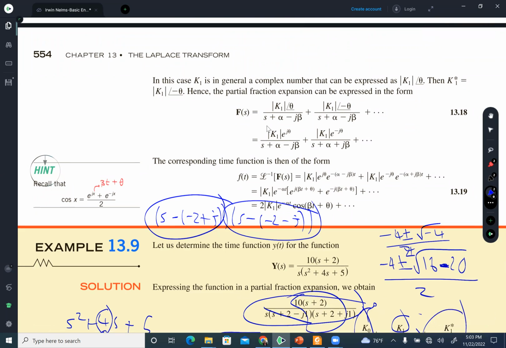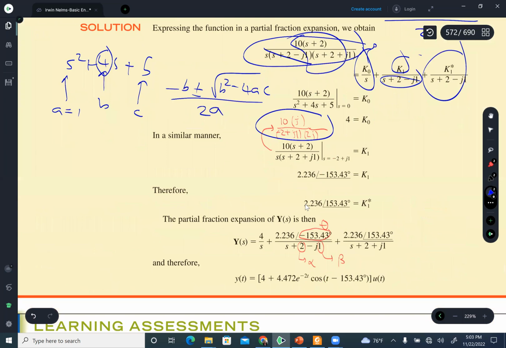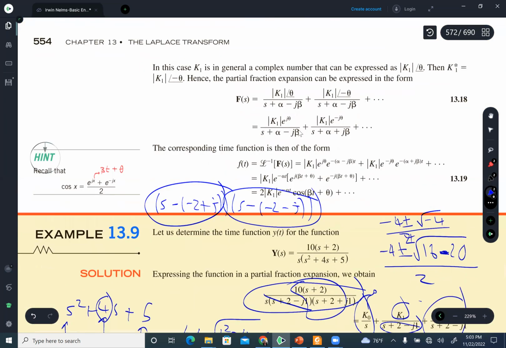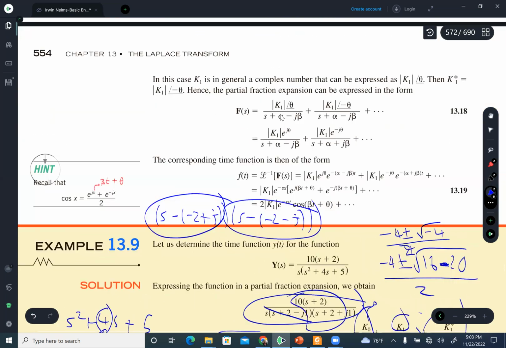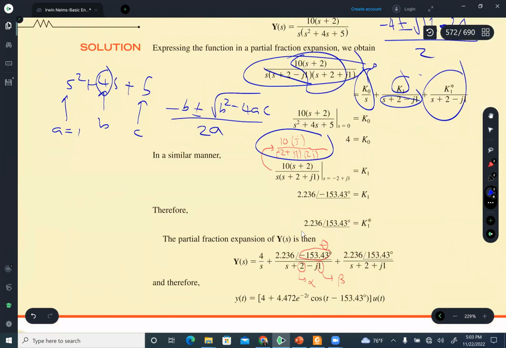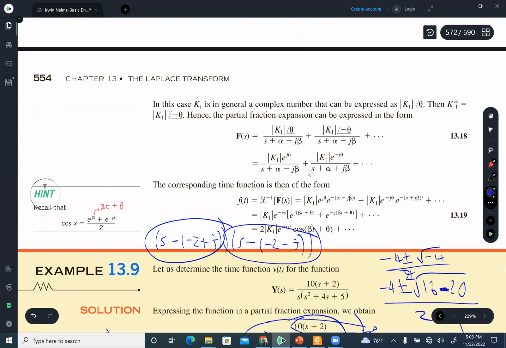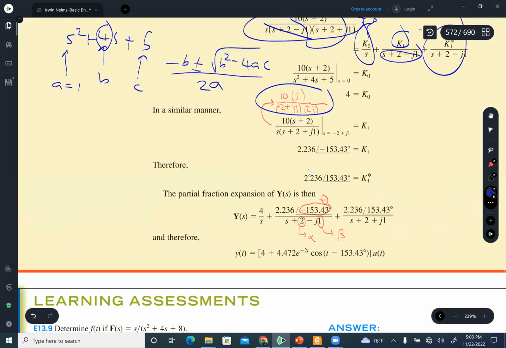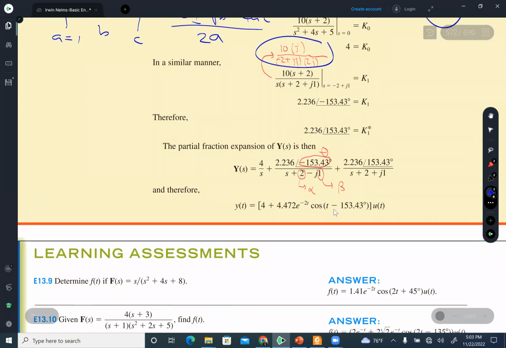So they worked it out here, so I don't want to rewrite everything. So for us, basically the magnitude of K1 is 2.2 something. Theta for us is minus 153, right? Alpha for us is 2, right? And beta for us is the value that multiplies minus J, which is 1, right?